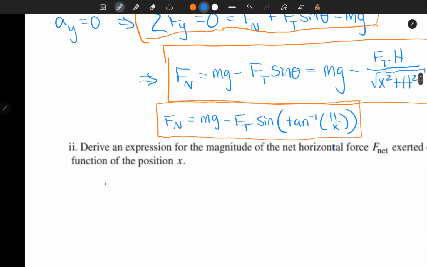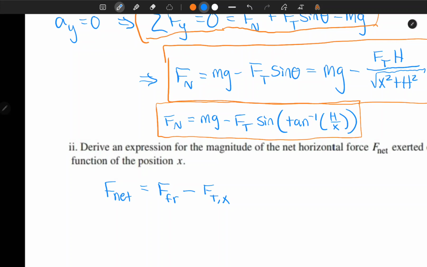So we see here that F net is equal to the sum over all of the forces in the horizontal direction. So firstly, we have a positive contribution from the force of friction minus the contribution from the horizontal component of the tension.